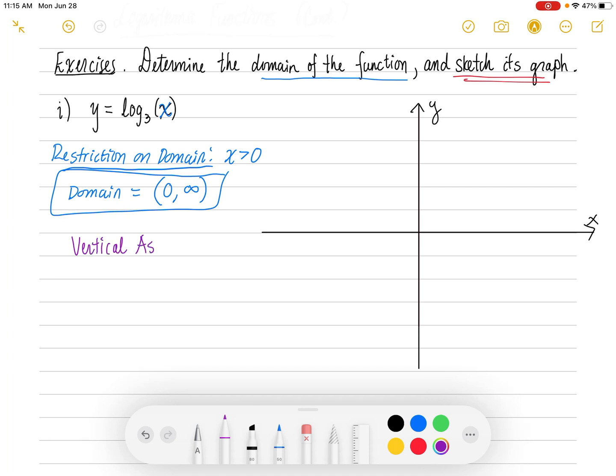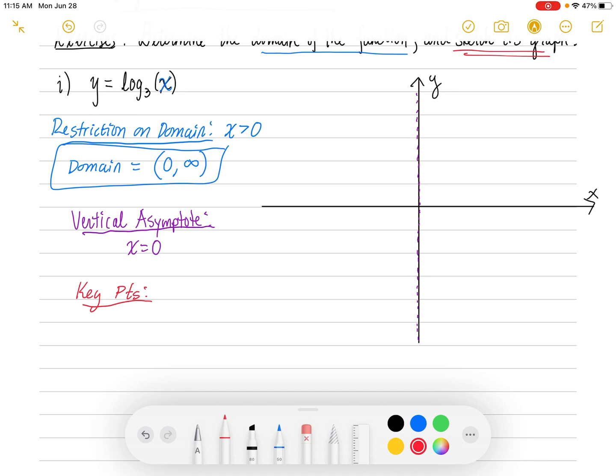So remember, you always start off with a vertical asymptote. We'll make that in purple. And that's going to occur at x equals 0. So I'm going to put this here at x equals 0. It's my vertical asymptote, that dotted purple line there.